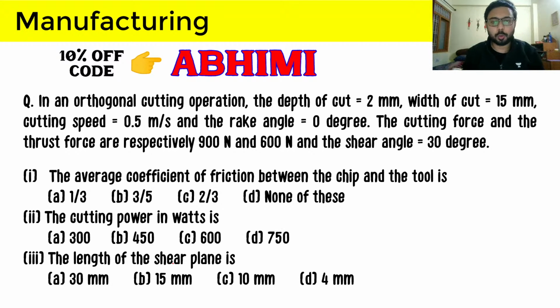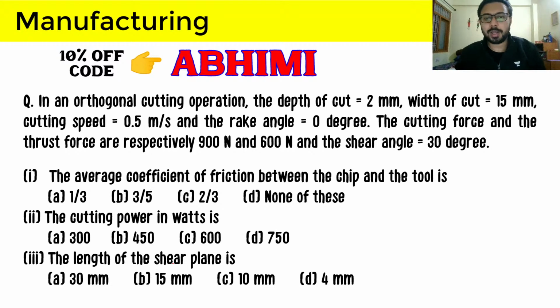And to know beta we know a formula that we have discussed in some of our previous classes, most recently in the previous class, and I pointed out that you have to remember that particular formula.